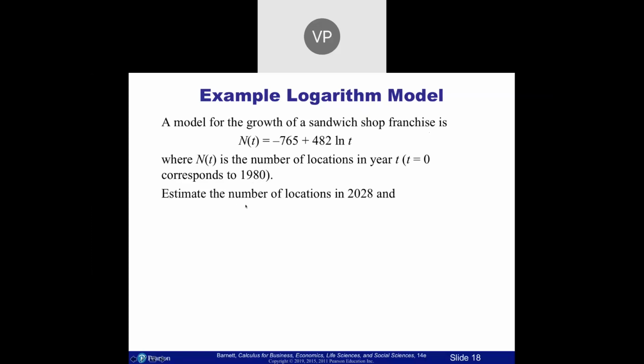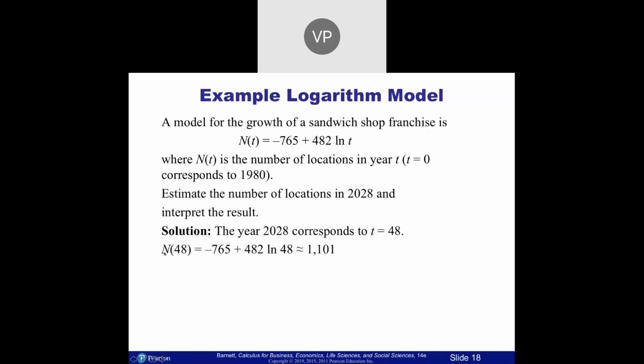So they want you to estimate the number of locations in 2028. Notice, I didn't see instantaneous rate of change or anything like that. I'm just asking straight up, what's the number of locations? So N is the number of locations, t is the year. We're going to just plug in 48. 2028 is the year t equals 48.